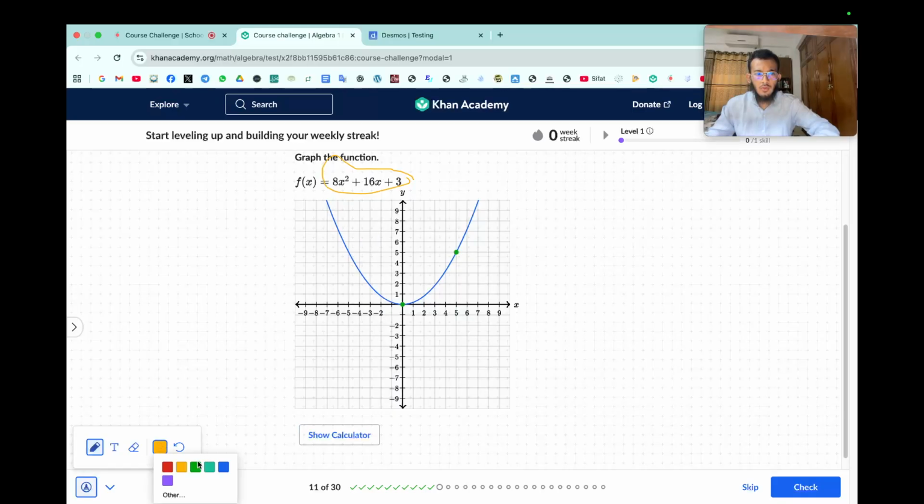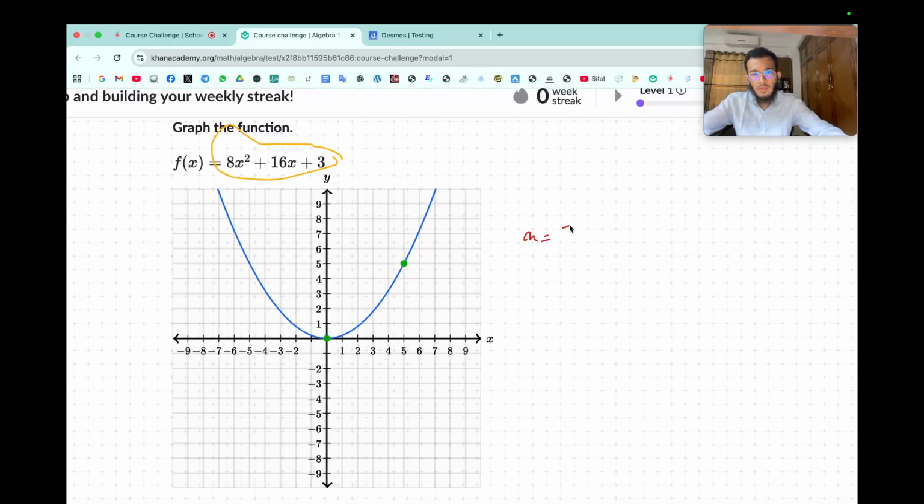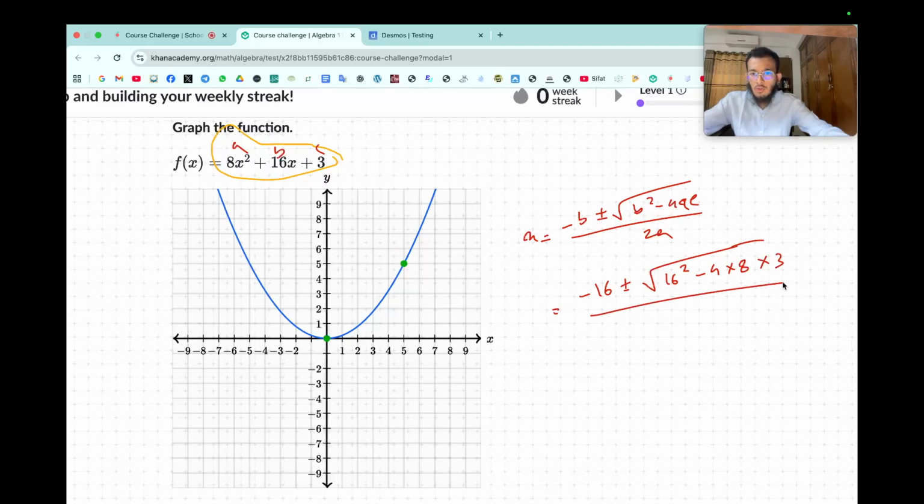And in order to do so, we know the quadratic formula for finding the roots, which is x equals negative b plus minus root of b squared minus 4ac, divided by 2a. So we have x equals negative 16 plus minus root of 16 squared minus 4 times 8 times 3, over 2 times 8.